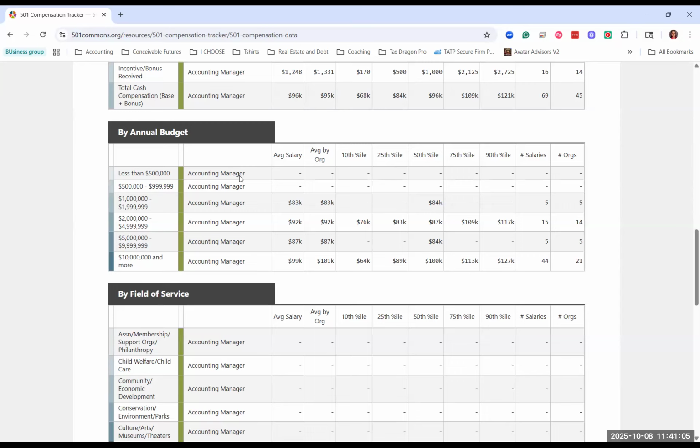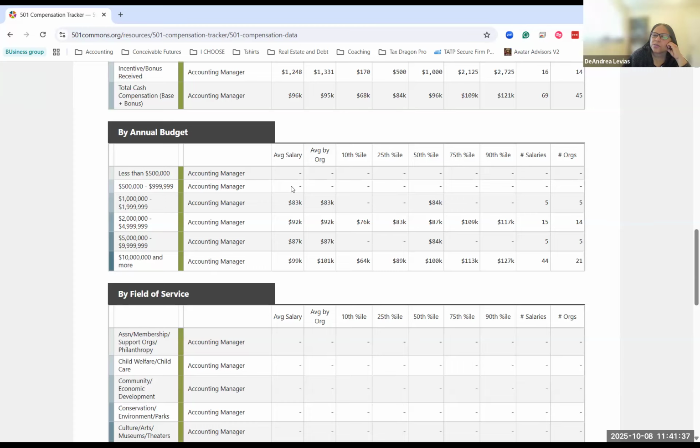Would it be safe to say that where you see 83K, and if you're on the less than 500,000, to bump that down a little bit, like, guesstimate or estimate salary around that? You could, and there are other tools also that you can use to get an idea. This one is really helpful, but if it's not here, I just drew a total blank.